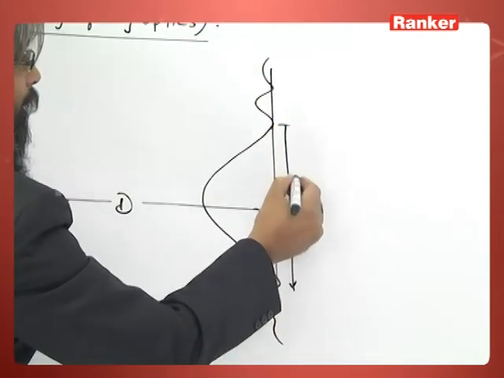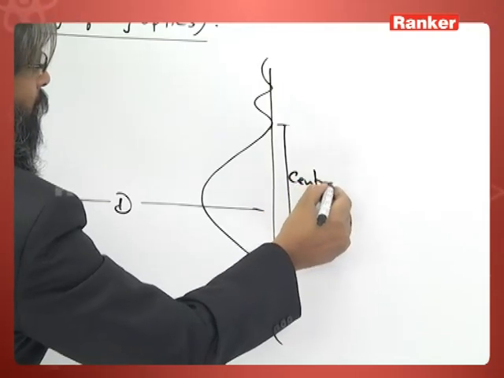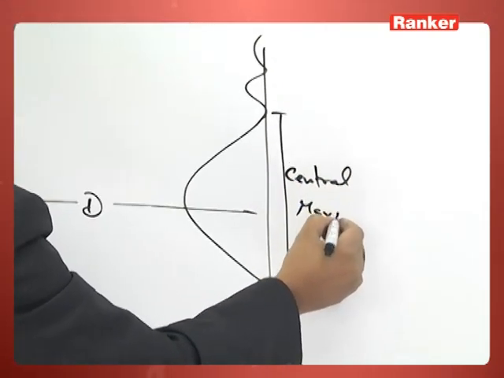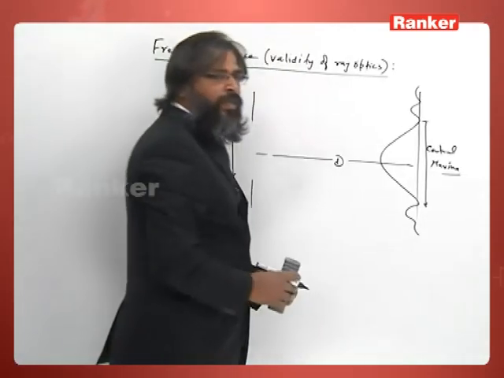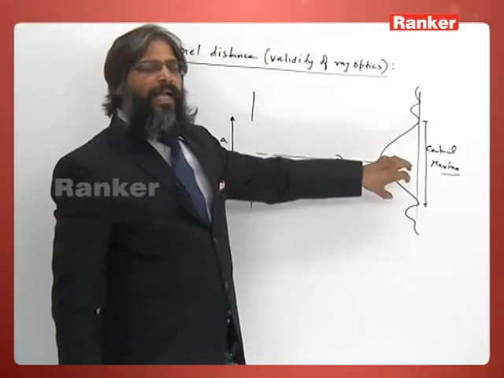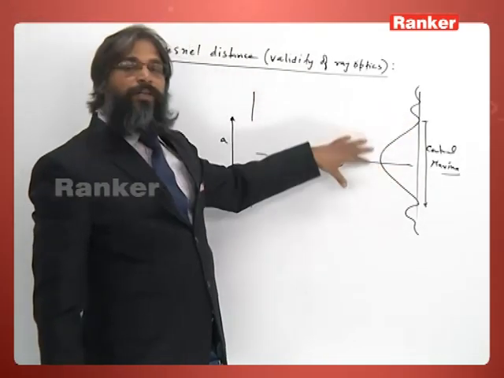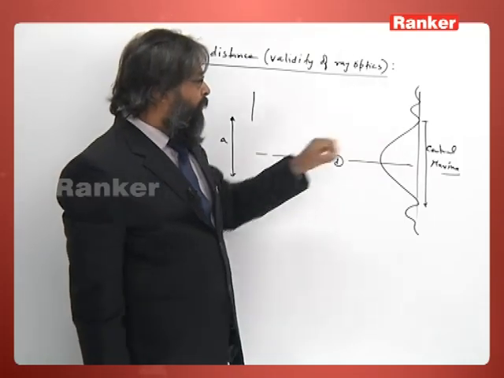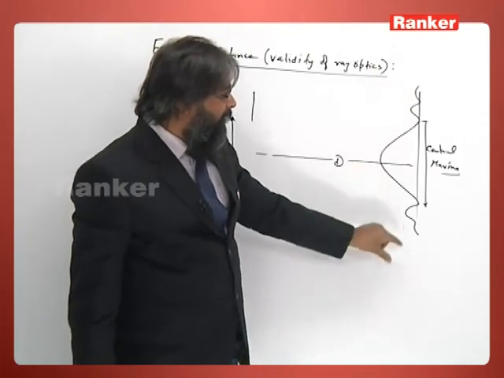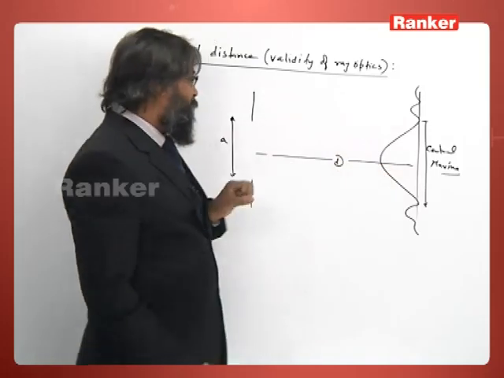This will be called our central maxima. So almost most of the energy is confined within the central maxima. There is some little energy here, but maximum energy is confined.